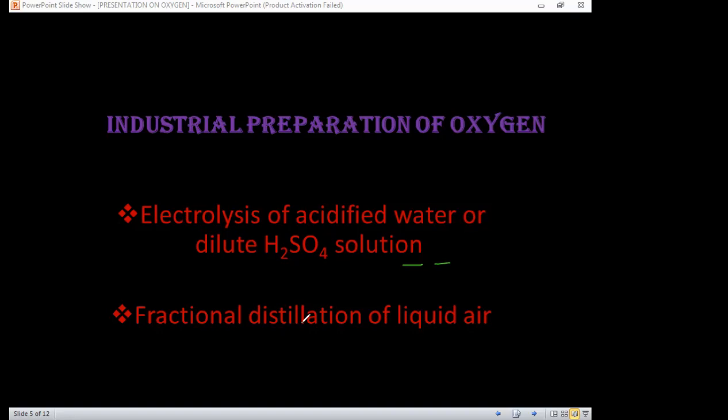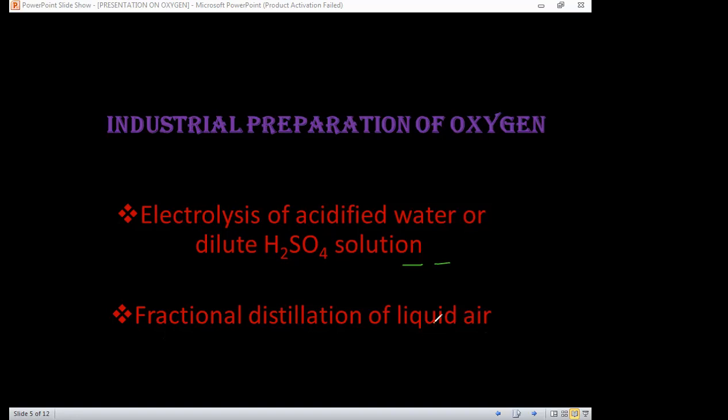When they carry out this liquefaction process, the temperature, which is minus 200 degrees Celsius, is very low. Therefore, liquid air is formed. The gaseous air gets converted to liquid air at that very low temperature. That is the first process. The second process involved in this fractional distillation of liquid air is that they put the liquid air into a fractional distillation setup and supply heat.